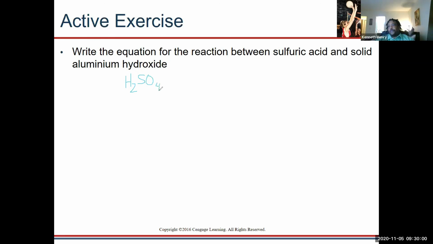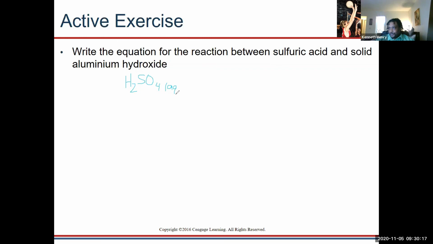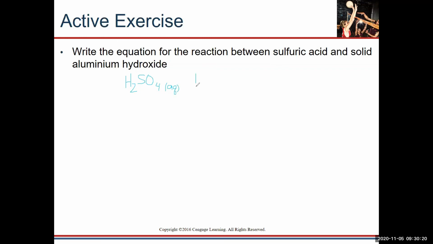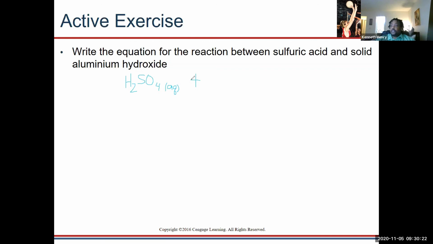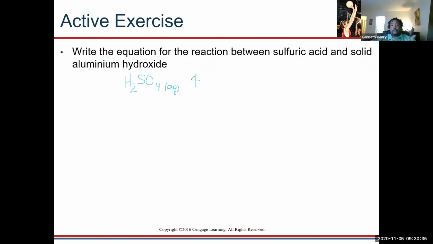Solid, liquid, gas, or aqueous? Aqueous. That's right, aqueous. And what else is the reactant? What is the other reactant? Aluminum hydroxide. Okay, what does aluminum hydroxide look like?